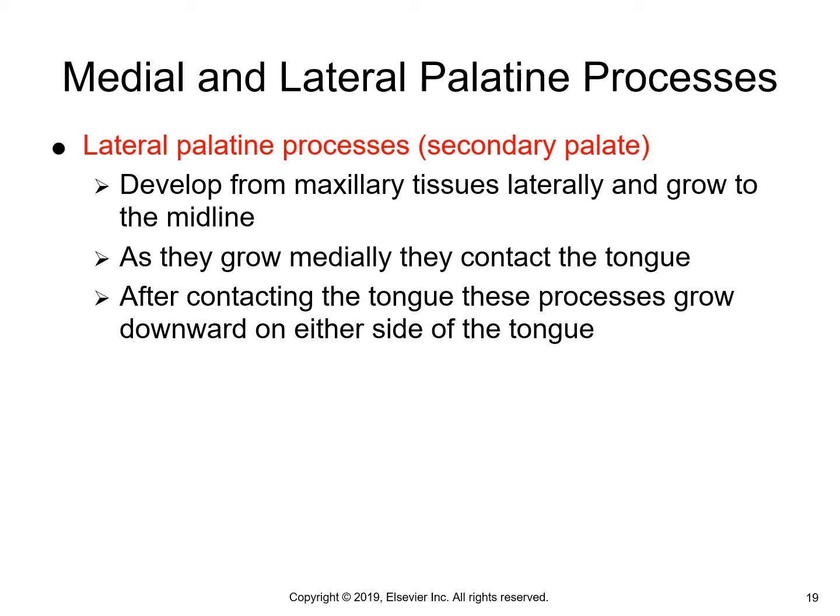The lateral palatine processes are the secondary palate. They develop from maxillary tissues laterally and grow towards the midline. As they grow medially, they will contact the tongue, and after contacting the tongue, these processes will grow downward on either side of the tongue.